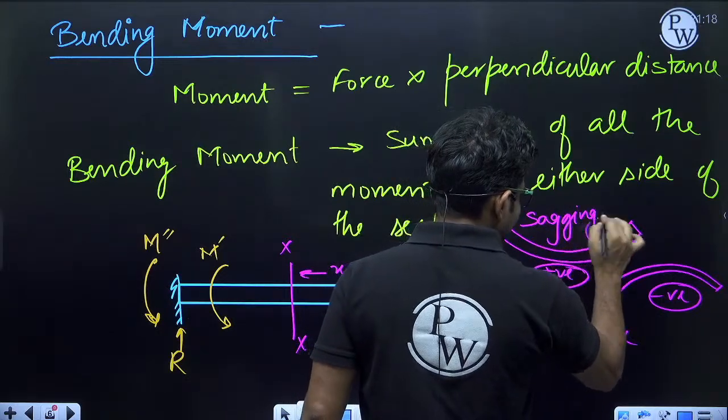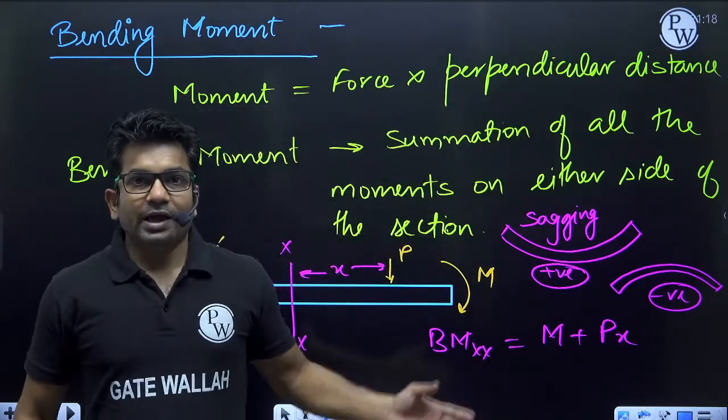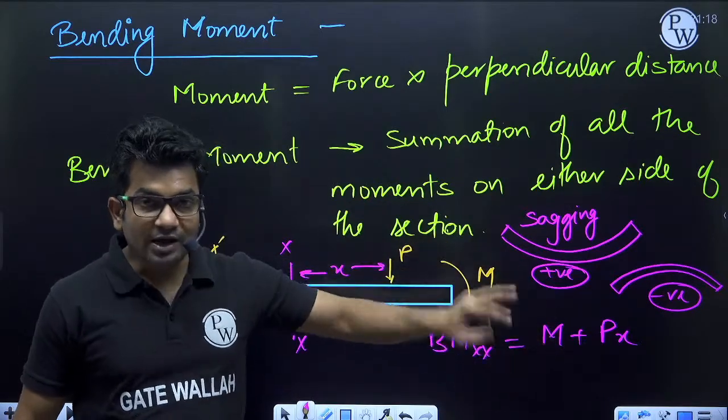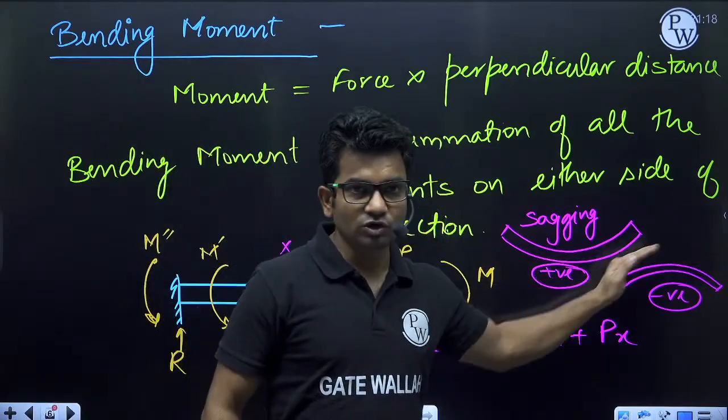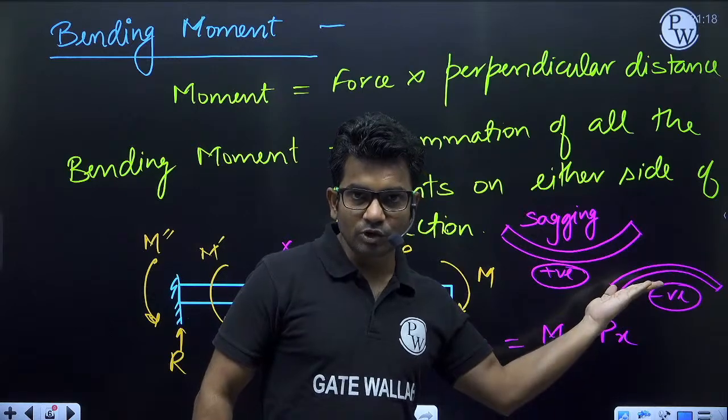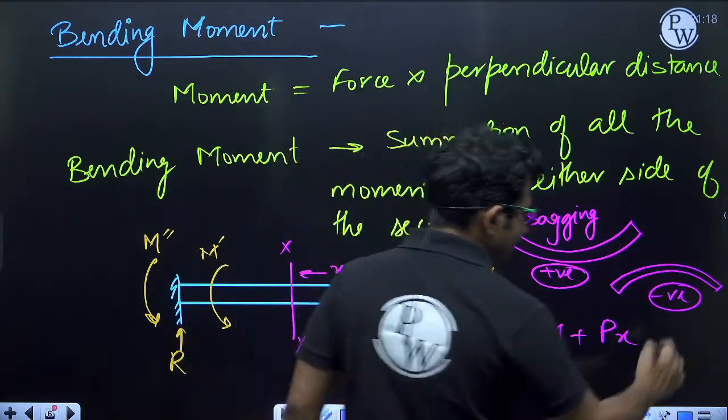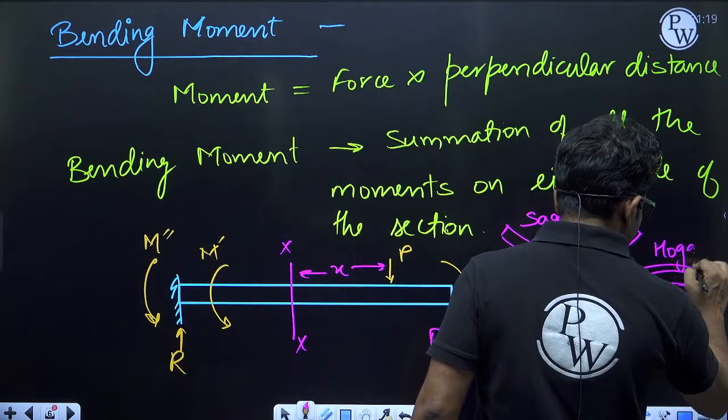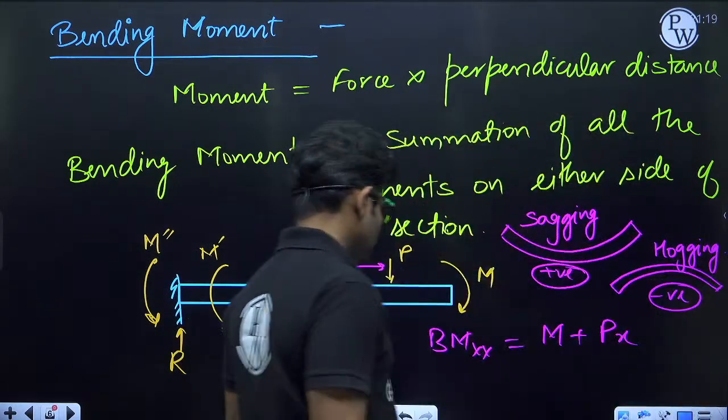On the contrary, if I am getting tension on top and compression on bottom, this is called hogging bending moment, and it will be negative.